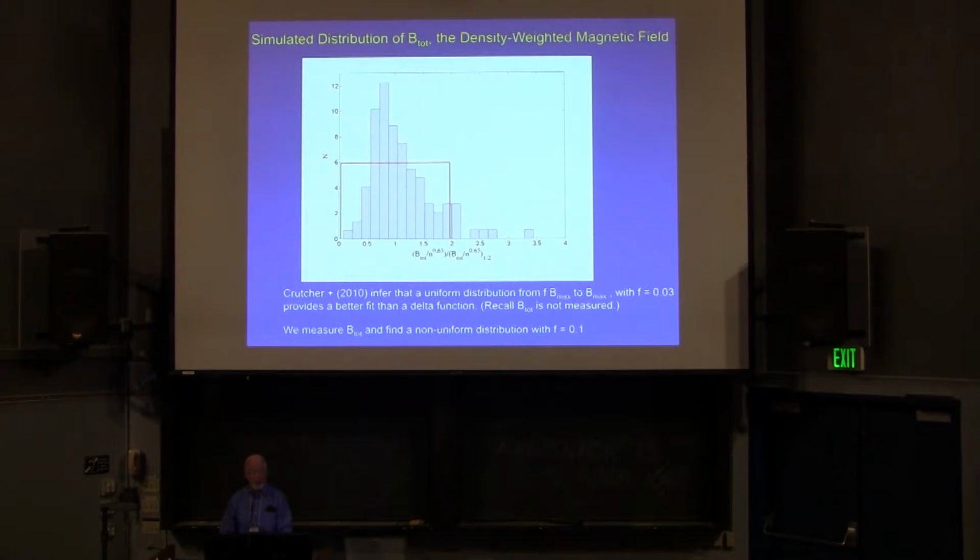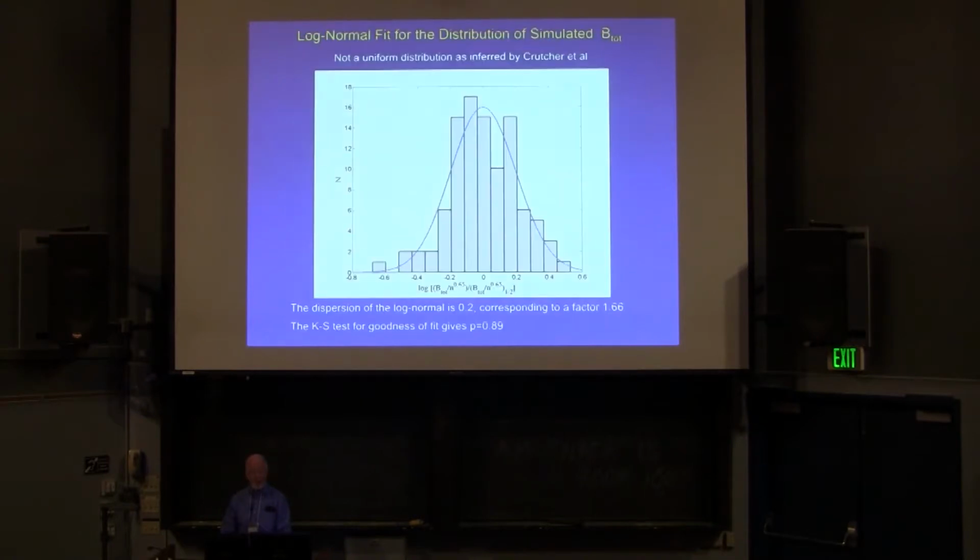And the value of F that we have, the weakest field, is only 10% of the max, not 3%. If we go ahead and try a log normal fit, we do very well. The p-value here is almost 1, and the width of the log normal is not very wide. So rather than having things uniformly spread from 0.03 to 1, we have a log normal which has a dispersion of only a factor less than 1.7.